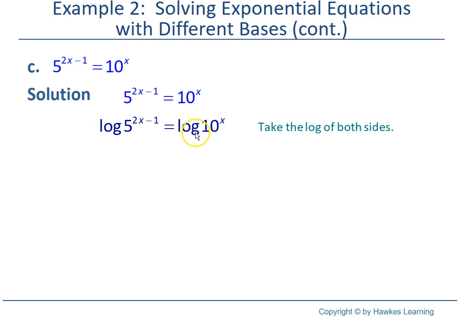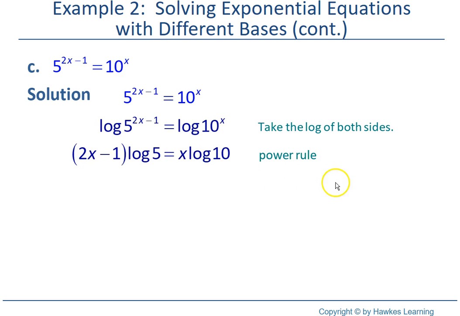And notice this is log base 10 of 10. So this side just becomes the x. We're putting this x out in front. And in a sense, this just becomes a 1, or cancels out, becomes a 1. There you go.